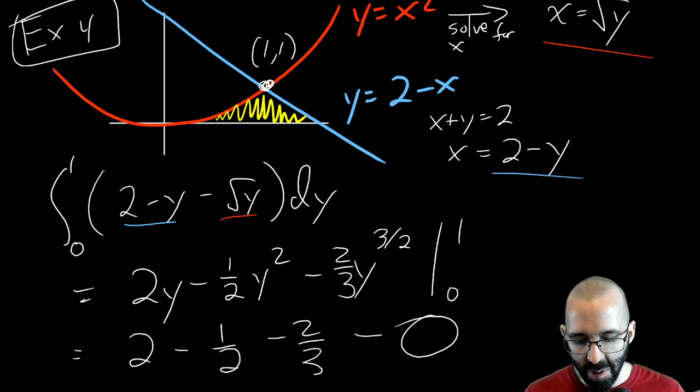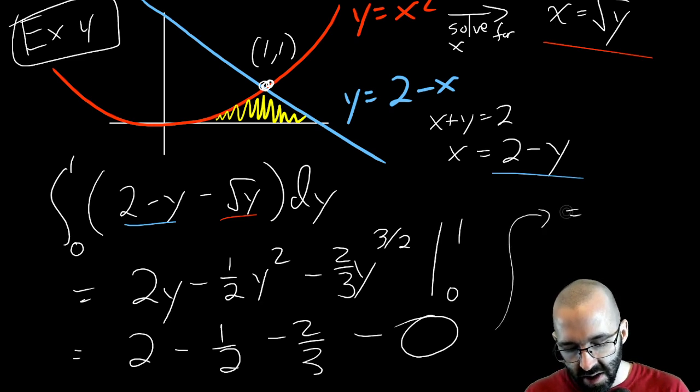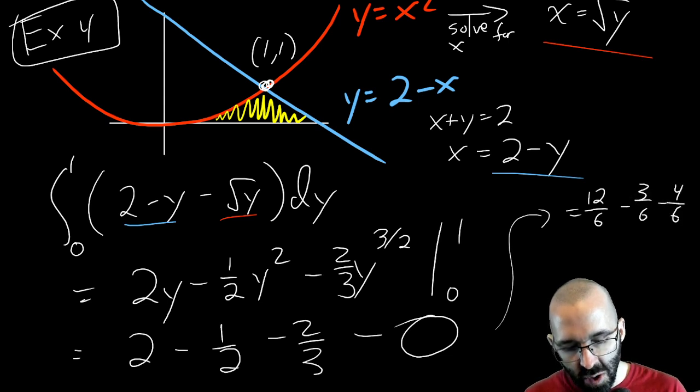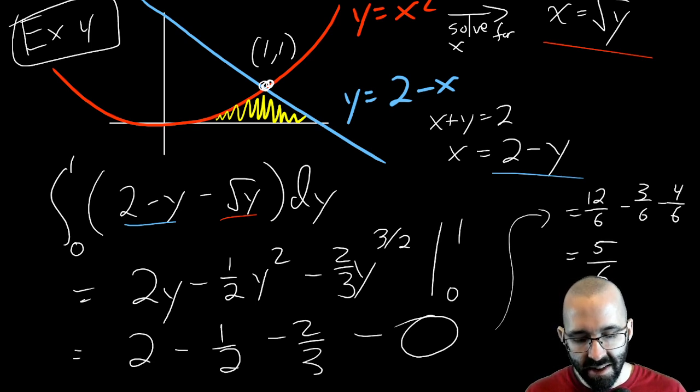We get a bunch of zeros when we plug in 0. So get everything with a common denominator: 12/6 minus 3/6 minus 4/6. 12/6 minus 7/6 is 5/6.